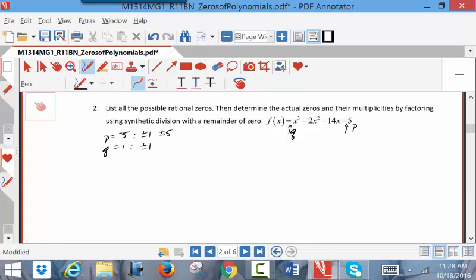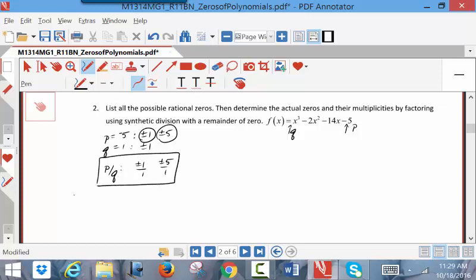So the actual possible, sometimes called potential rational zeros, are the p's over the q's. My first p is plus or minus 1 over 1, and my second p is plus or minus 5 over 1, so I don't have a whole lot to choose from. I only have 4 numbers here to pick from.